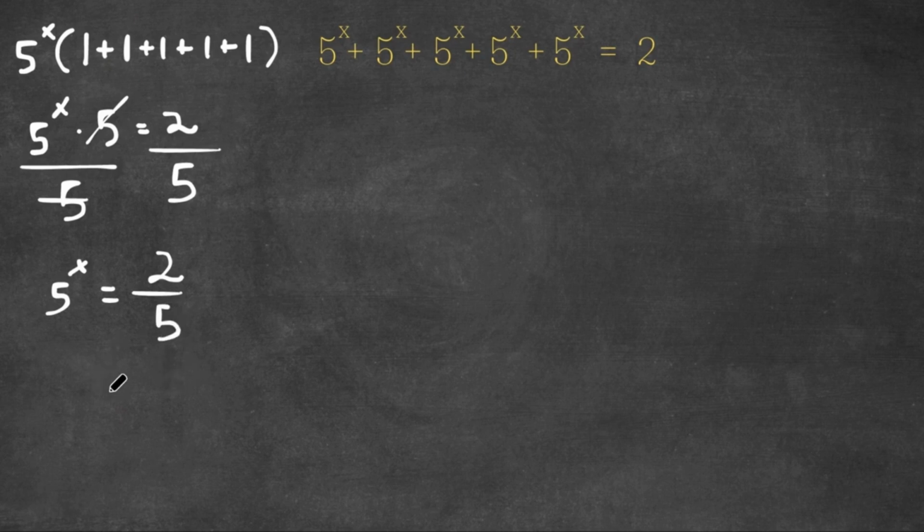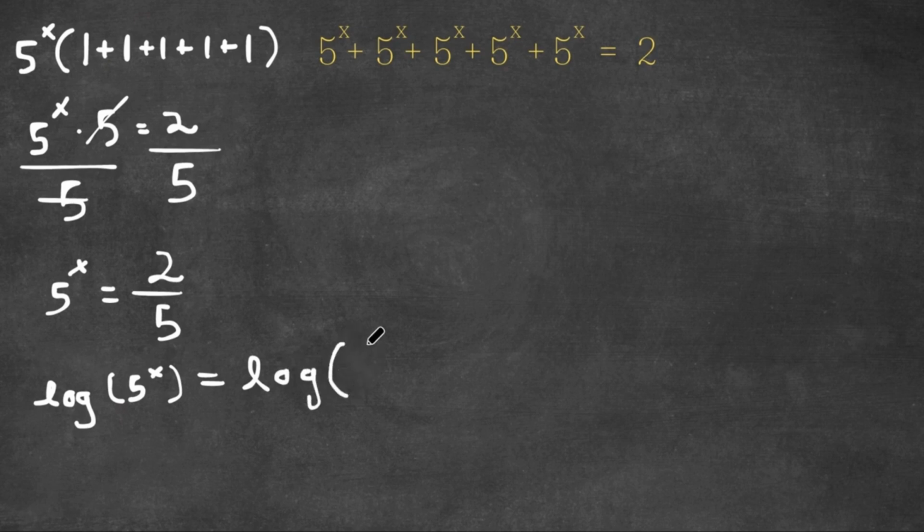Now what I'm going to do is I'm going to take the log of both sides. So now we have log 5 to the power of x is equal to log 2 over 5.